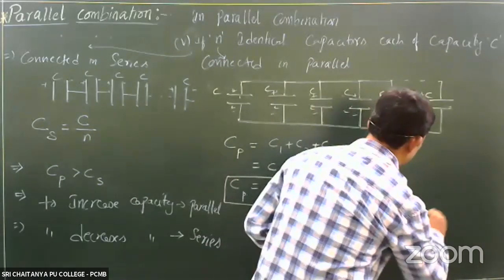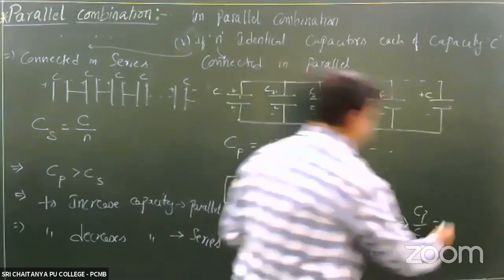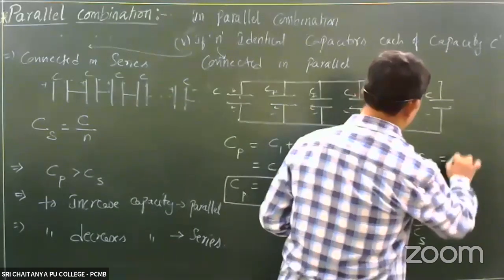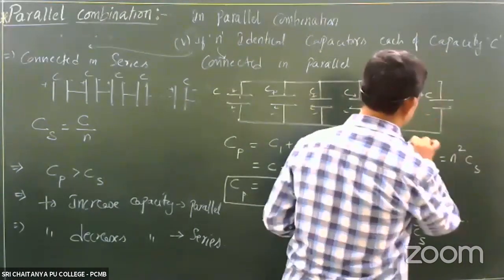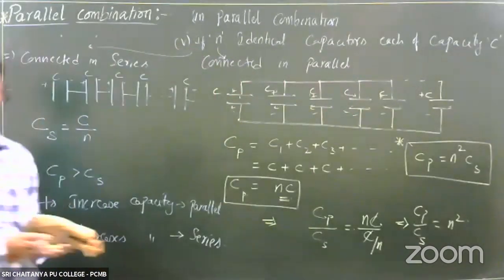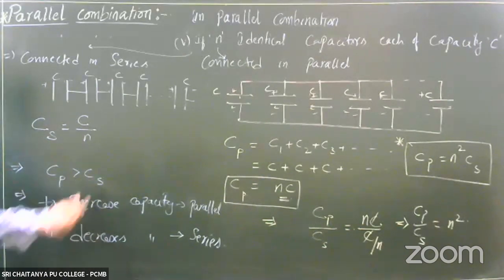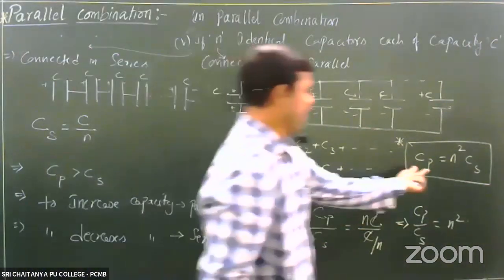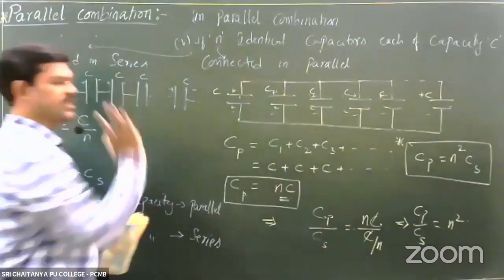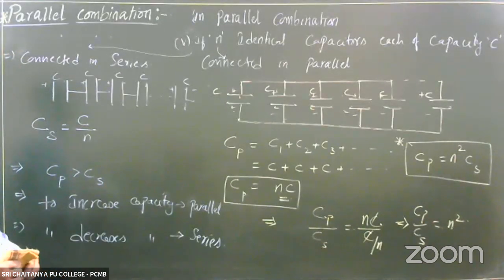CP by CS, with N going up and C's cancelled, is equal to N square. So CP is equal to N square times CS. This is the result to remember. So CP is greater than CS; how many times? N square times, when identical capacitors are connected. Come on, note down.